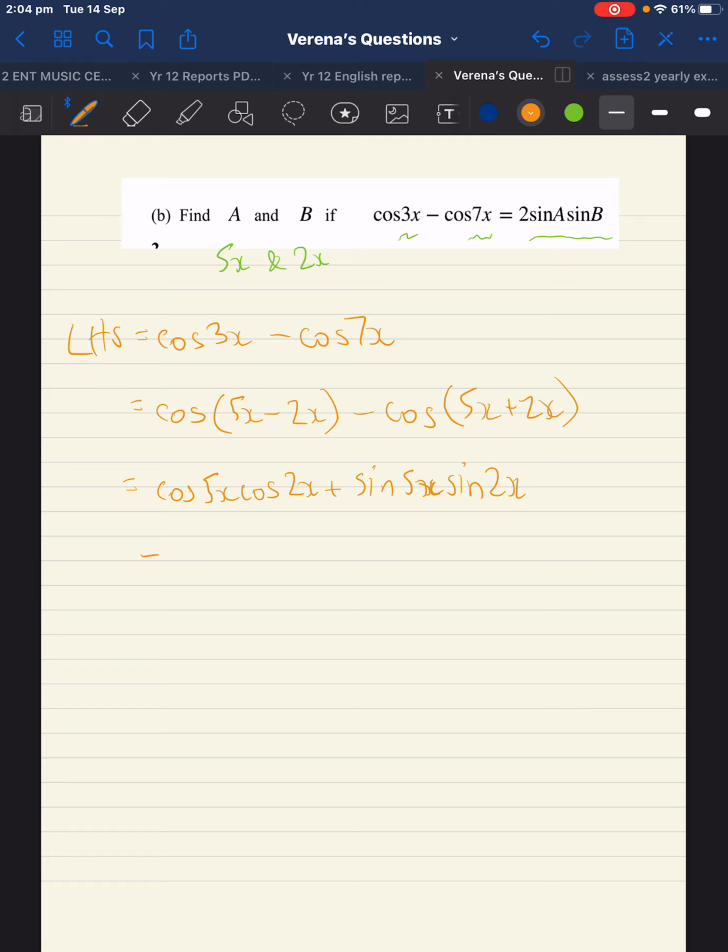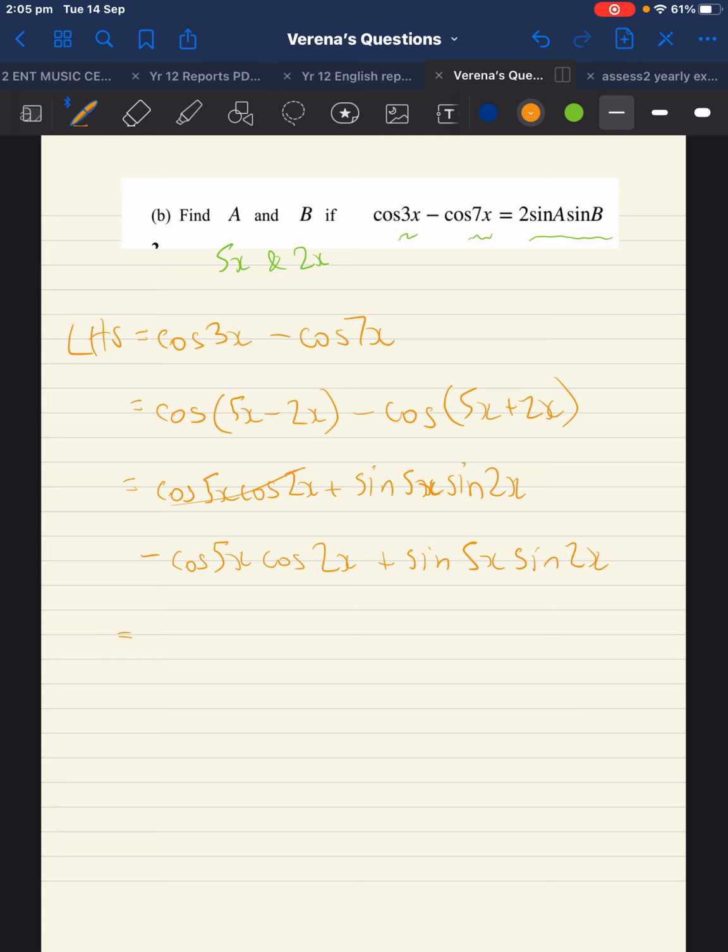Take away, now I'm on to the second one here. So we're taking away cos 5x cos 2x, and then it should be a minus, but we're already minusing, so we're minusing a minus, so I'm going to put a plus here, sine 5x sine 2x.